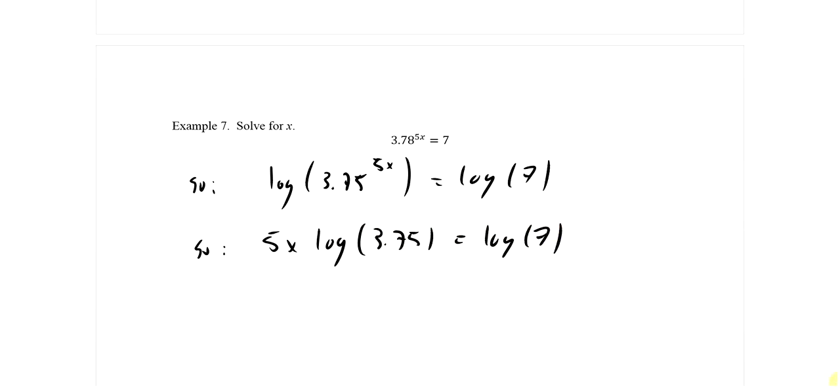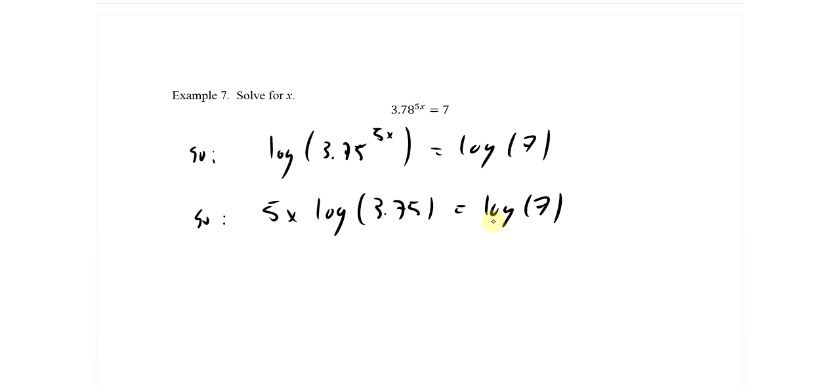And so at this point, this is a number, log of 7. It's a little less than 1. This is a number, log of 3.75. It's also less than 1, smaller than that. So what is x equal to?